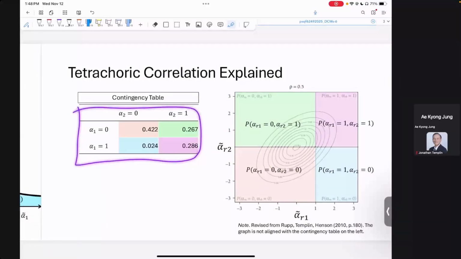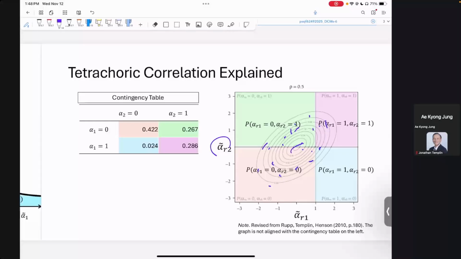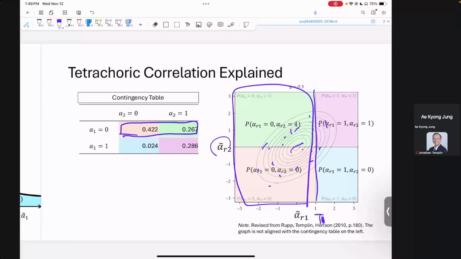This is the detail of the tetrachoric correlation. This is a contingency table that we saw before. And underlying them, these two attributes are distributed like this. And based on threshold 1 and threshold 2, let's focus on threshold 1. At threshold 1, we can say there are this amount of people. That's what we saw in here.